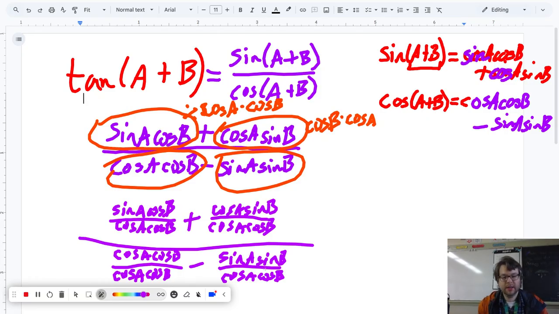But remember, the inspiration was to force it to have tangent, and so I needed to divide by cosine to make there be a tangent in there.